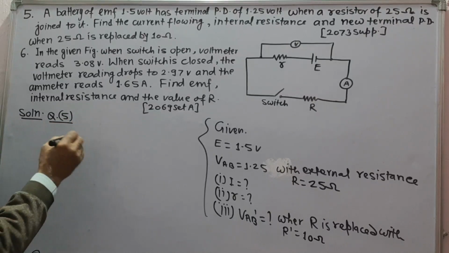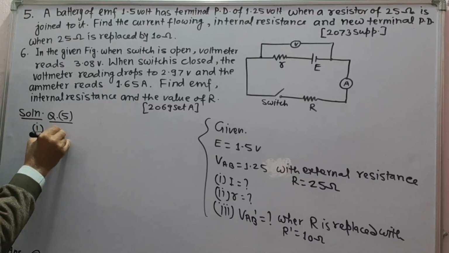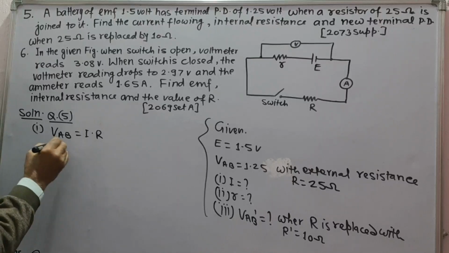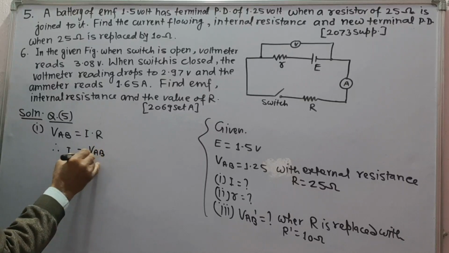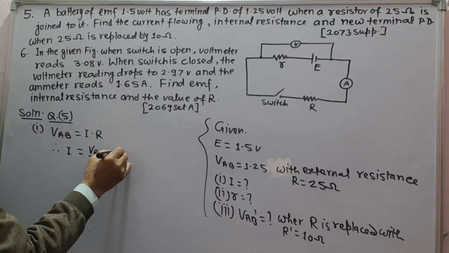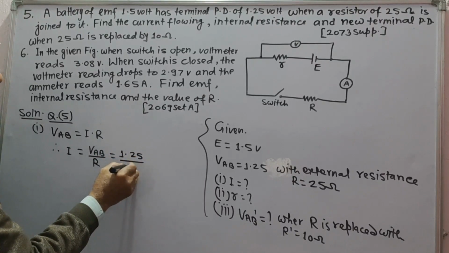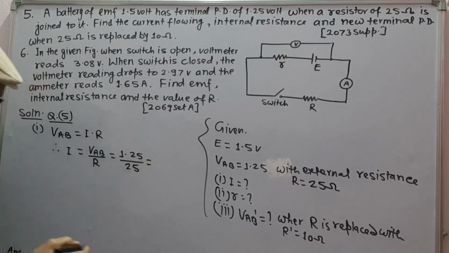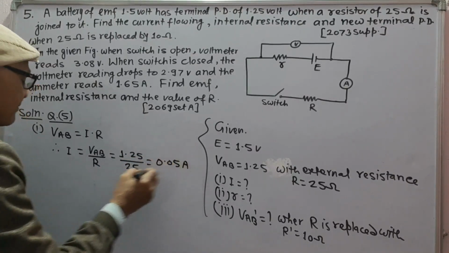Now solution. First part, VAB is equal to I into R. So I will be equal to VAB upon R. VAB is 1.25 and R is 25. So current I comes to be 0.05 ampere.